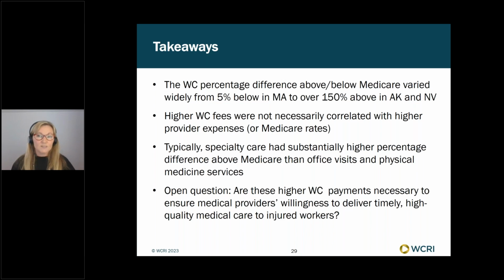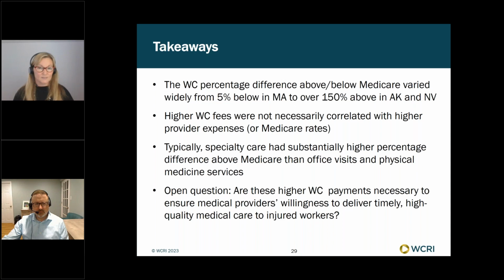Typically, specialty care such as surgery was reimbursed at a higher percentage over Medicare than office visits and physical medicine services. Overall, the question remains: are these higher workers' compensation payments necessary to ensure that medical providers are willing to deliver timely and quality care to workers with injuries? And at that, I will end my presentation and hand it over to Andrew.